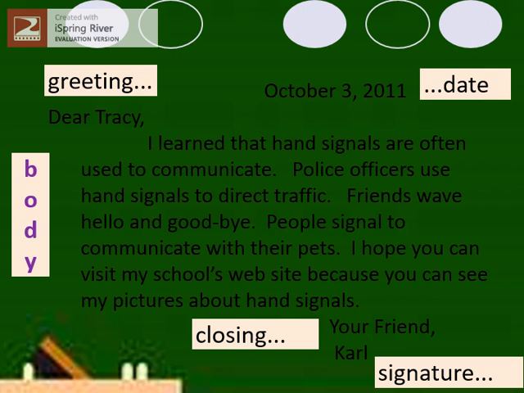And your friend is the closing. And the one who wrote the letter is called the signature. Take a look at the different parts of our letter. The date, the greeting, the body, closing, and signature.